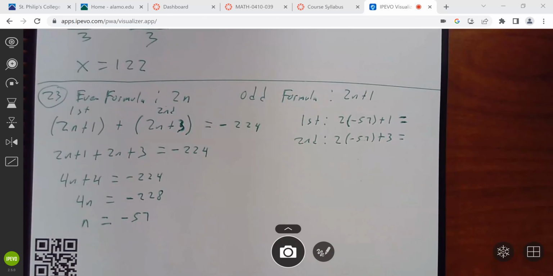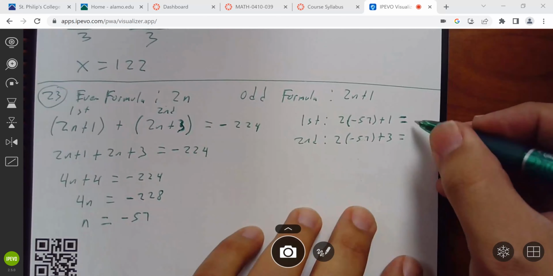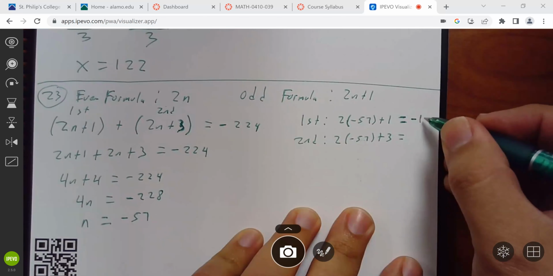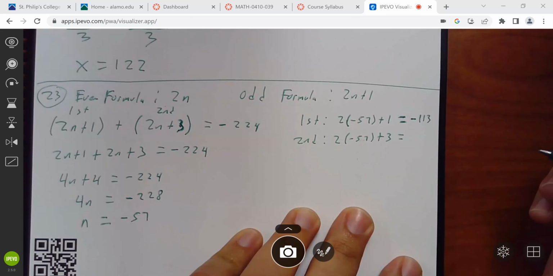What's 2 times 57? Negative 114 plus 1. So it would be negative. 132. Okay.